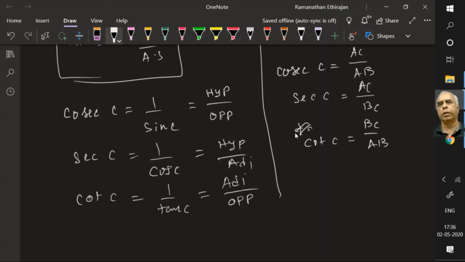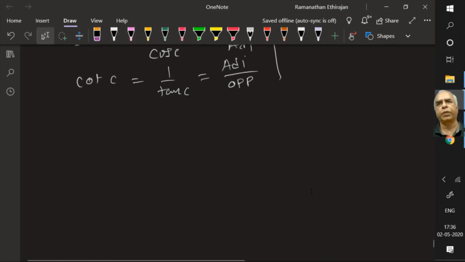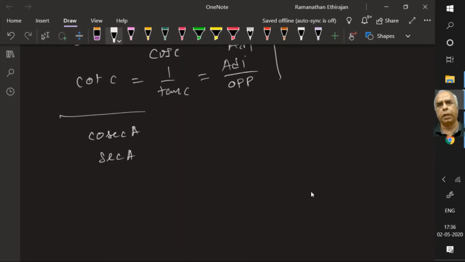Similarly, you can derive for A also. Can you do that? Try to find out cosecant A, secant A, and cot A.